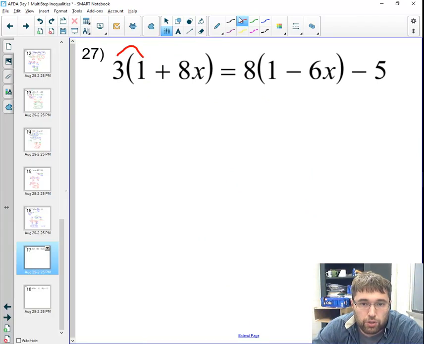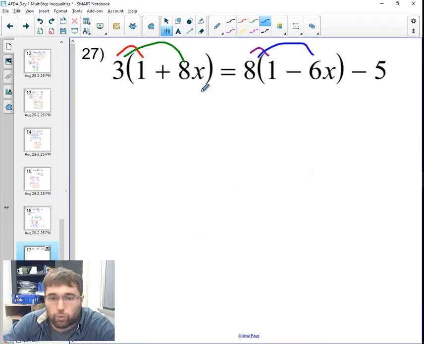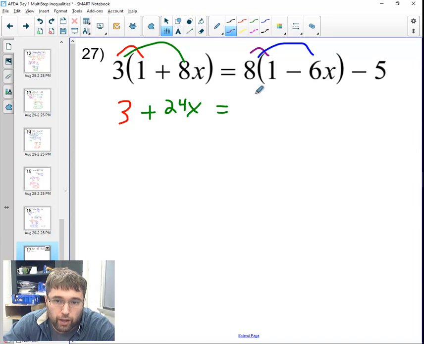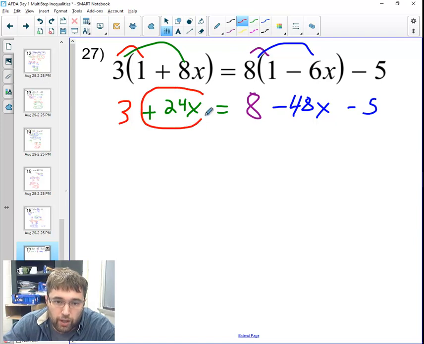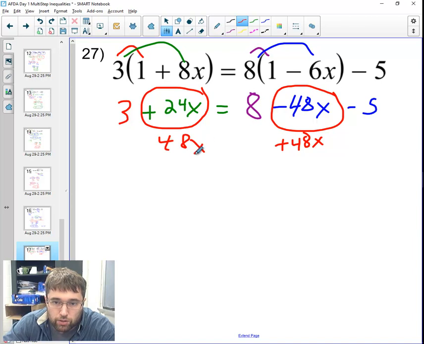We have double distribution. So I'm going to do this all at once because it's on separate sides. I can do that. We have 3 plus 24x equals 8 minus 6 times 8 is 48x minus 5. Now I want to circle the variable, take care of the haters. I have 2 circles. I have a negative and a positive, so I want to add the opposite of that. 48x, 48x.